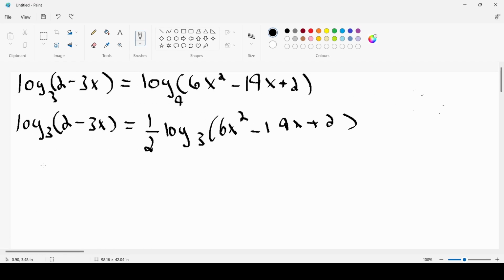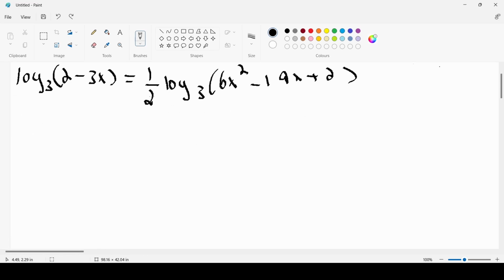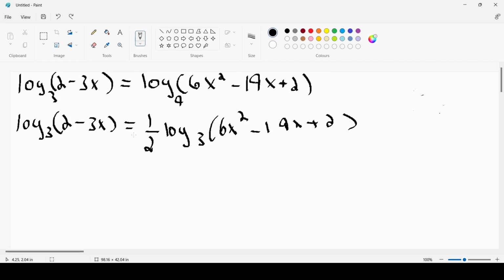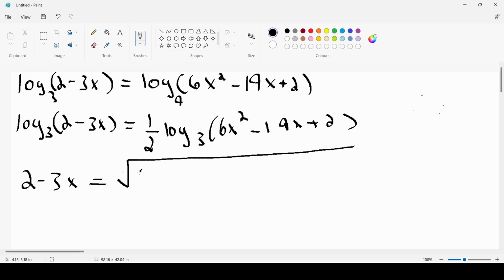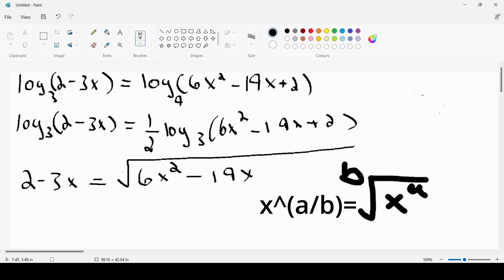Now we have this. So I'm going to put the exponent back, and the reason being is because when you have logs on both sides that are the same, you can take out the logs, right? That's another identity. So it's just going to be 2 minus 3x equals, this is the same thing as the square root, so I'll put this all in the square root, 6x squared minus 19x plus 2.